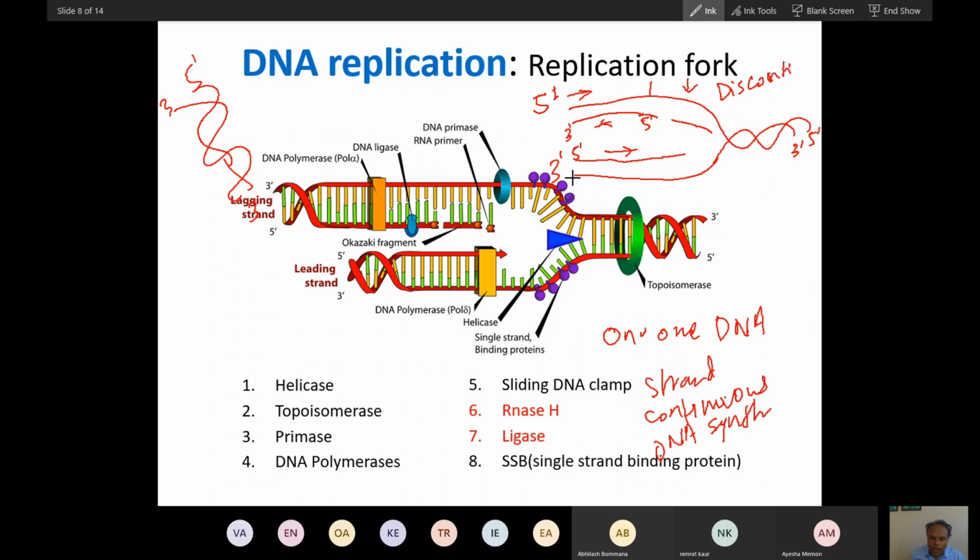The DNA strand on which there is continuous DNA synthesis is called the leading strand. Did you all understand this? Leading strand and lagging strand?